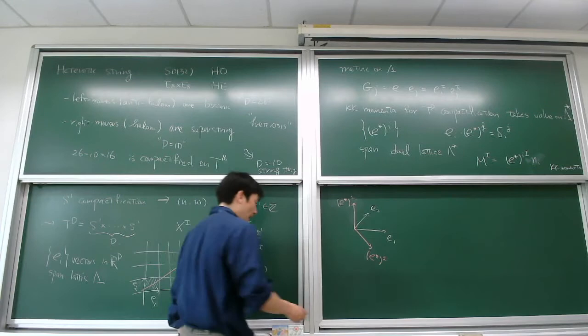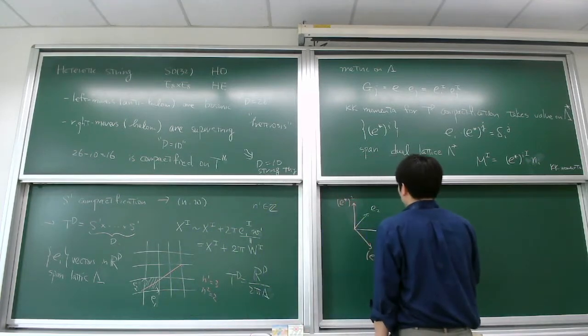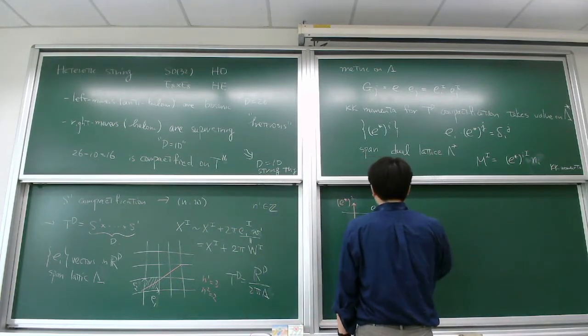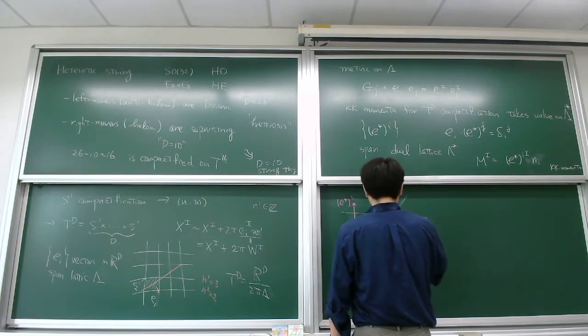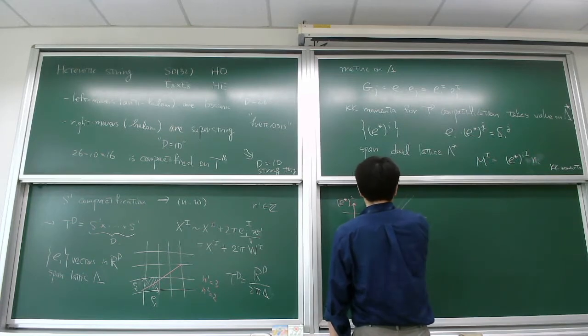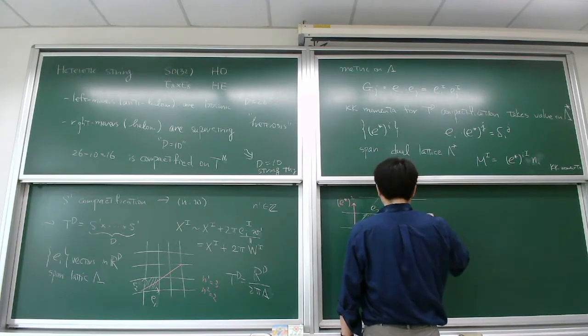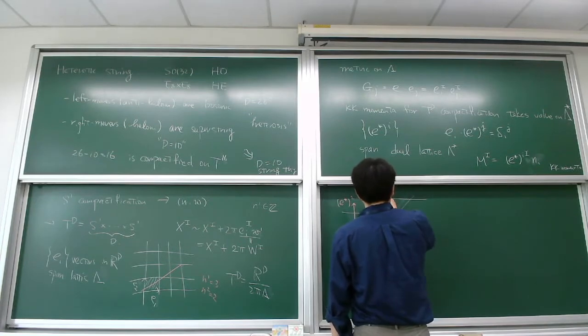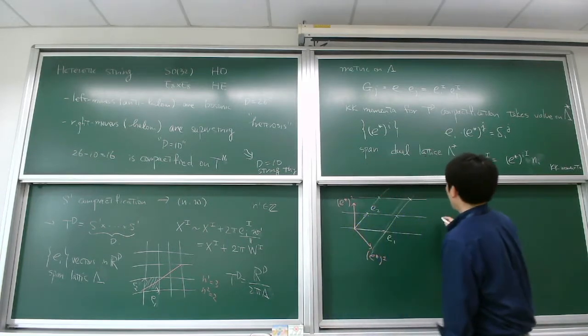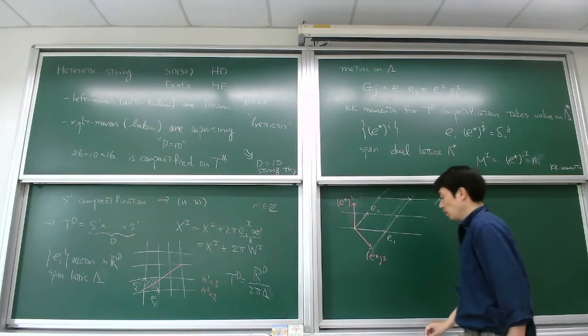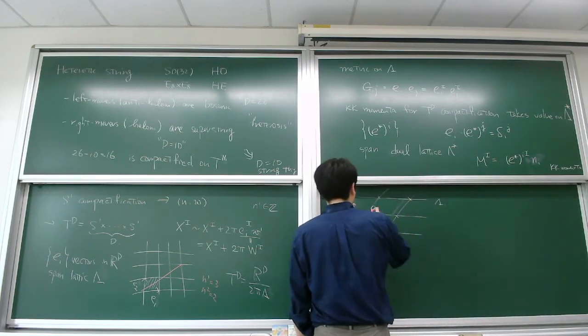So the dual lattice is more like a, so lambda is generated by these two vectors. It's hard to draw, but anyway, you understand my idea. So this is lambda, whereas lambda star is something like this.